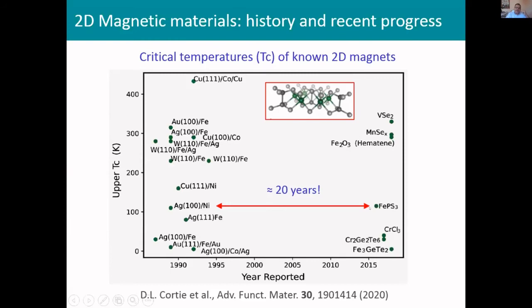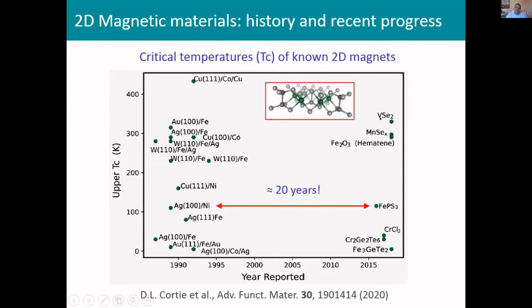One interesting thing is that the first reports of this kind of materials were on more or less complex materials, but in the last year, we can see this very simple structure with 3 atomic layers.